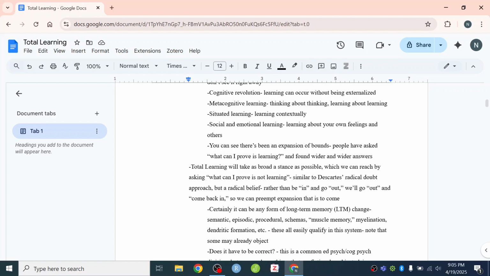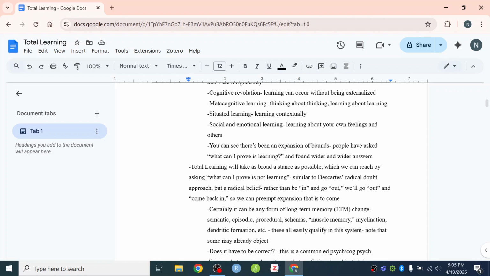Certainly, learning can be any form of long-term memory change. Semantic memory change, episodic memory change, procedural, the formation of a schema, the adoption of muscle memory, greater myelination of neurocells, the formation of new dendrites, dendritic formation.